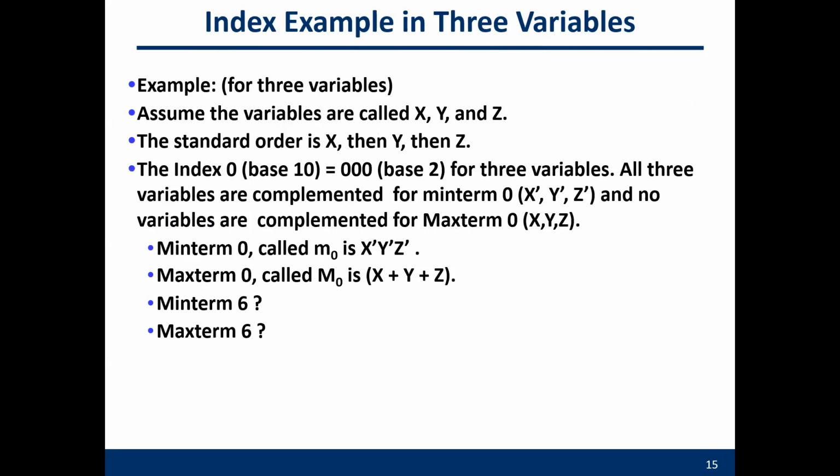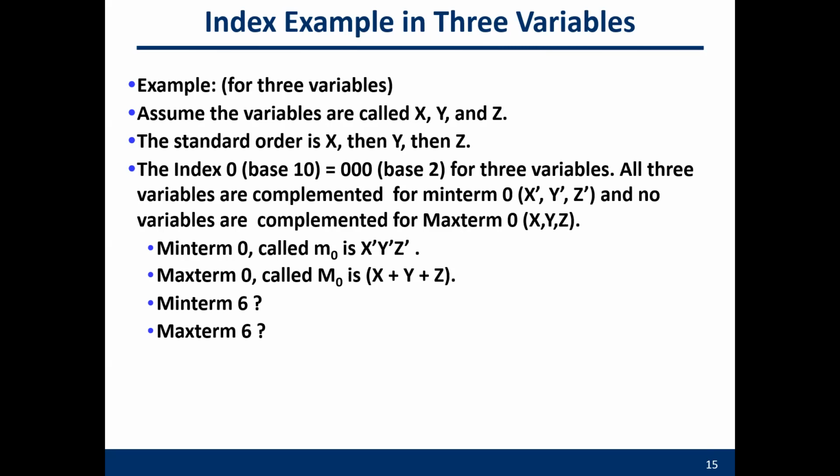So here is one example. We have 3 variables, x, y, and z. So the standard order is the alphabetical order. We have x, y, and z. So the index is a decimal representation, which is base 10. The value is a 0.